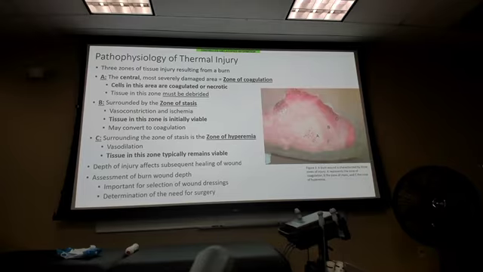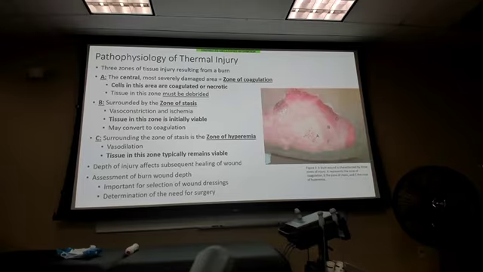The most central area is the most damaged area. It's the zone of coagulation. This is the area where all the blood vessels have basically been burned off. It's going to be white, it's not going to blanch. It's the area of most severe damage, the thickest part of that damage.